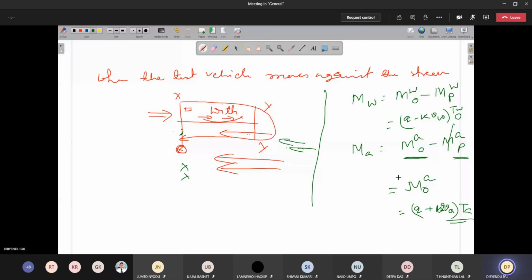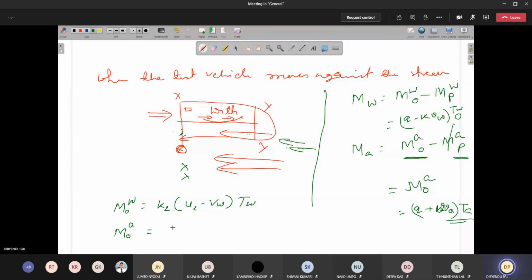Okay, what we have written earlier. What was MOW? If we just go back, that was K2 into U2 minus BW into TW. Similarly, we can write MOA. What will MOA be? Again I am dividing into two streams.